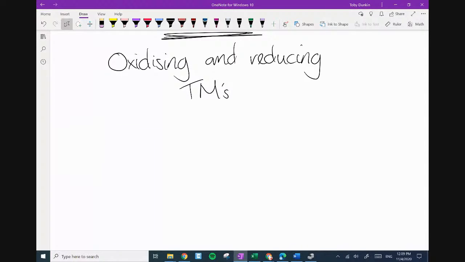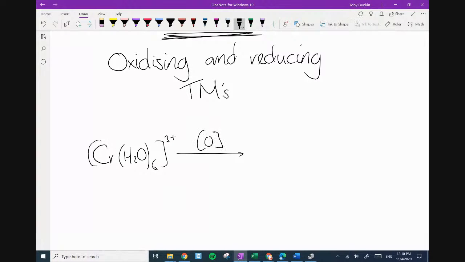Let's say we start out at chromium 3+, which will be the hexaaqua. We want to take that hexaaqua chromium 3+ and oxidize it to the dichromate ion.